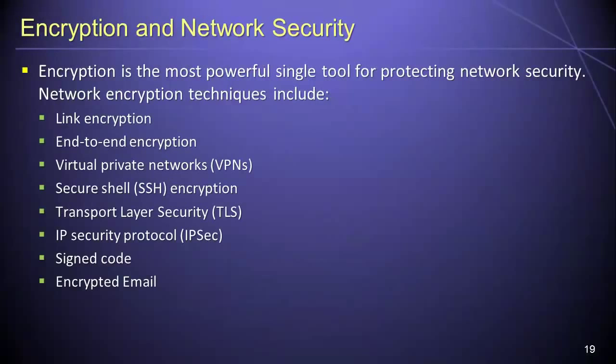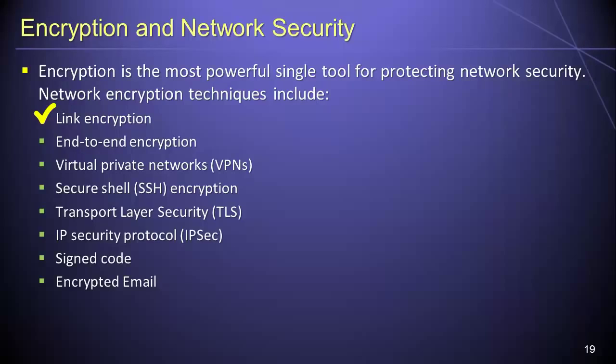Encryption is the single most powerful tool for protecting data while they are in transit over a network. Many different tools and techniques have therefore been developed which utilize encryption in the context of network communications. First among these is link encryption.